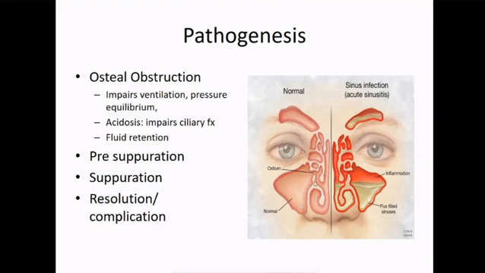But what happens if this ostium becomes blocked? The air trapped inside the sinus, the oxygen will be utilized by the cells, and the cells will produce a lot of CO2. So that becomes acidosis. And as you know, in the environment, even though the oxygen is only 25%, most is nitrogen.